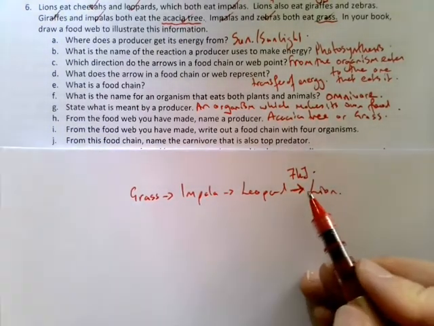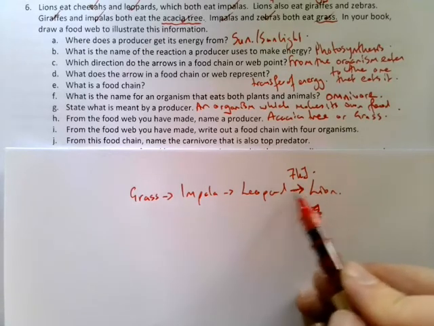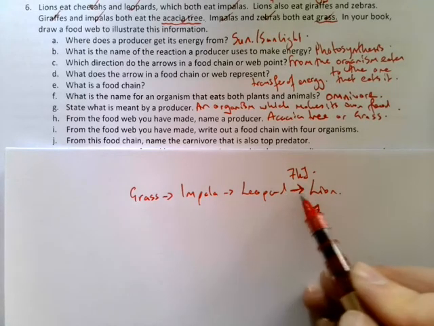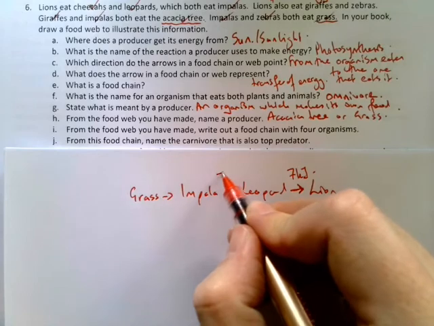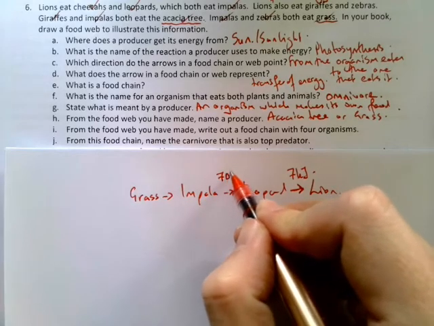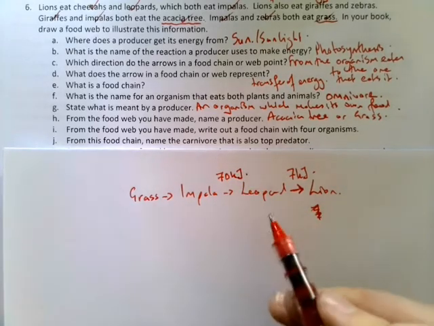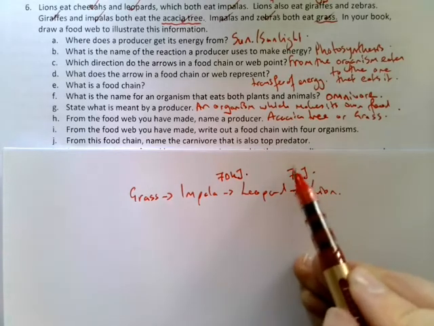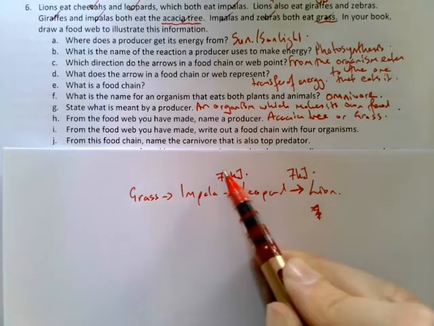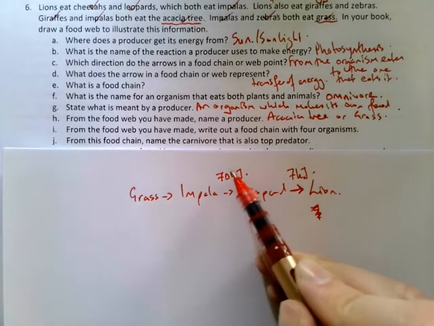Now, in order for that 7 kilojoules to be transferred from the leopard to the lion, the leopard must have taken in 10 times that. So it must have taken in 70 kilojoules. Remember, the amount of energy that's transferred here is 10% of the amount of energy that's transferred here.